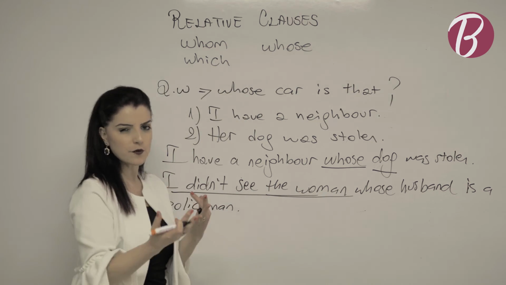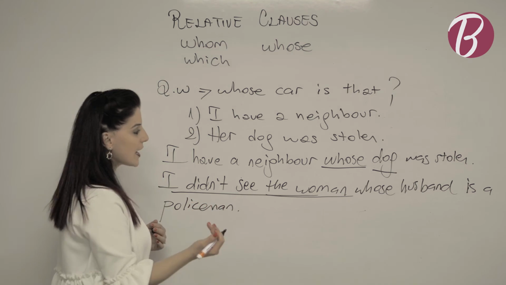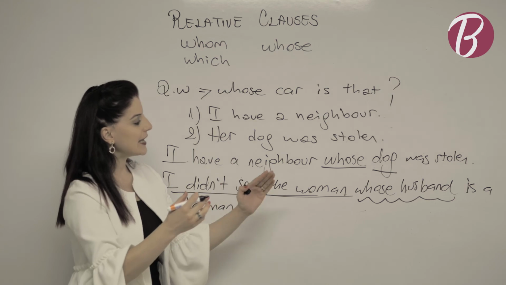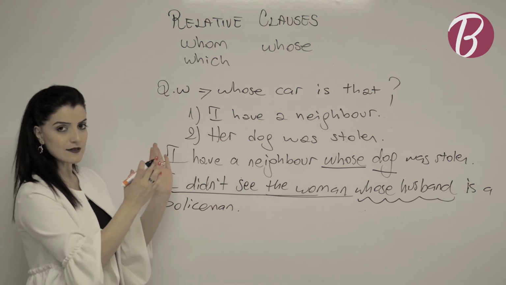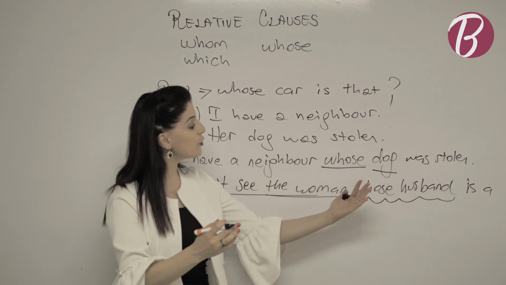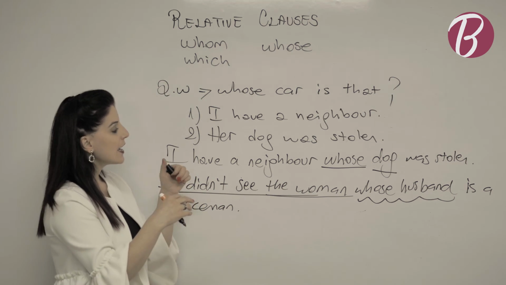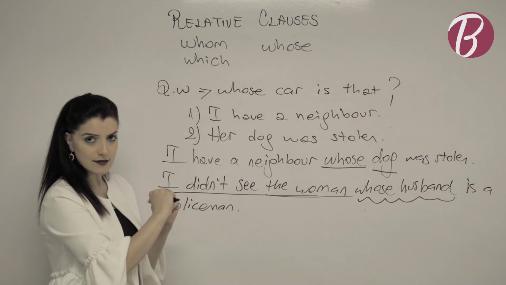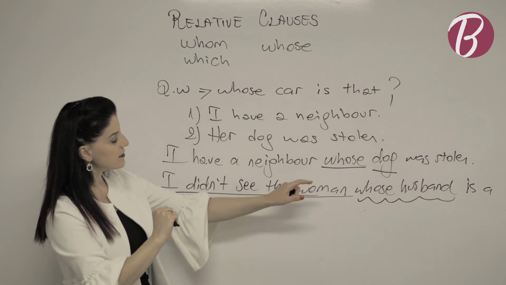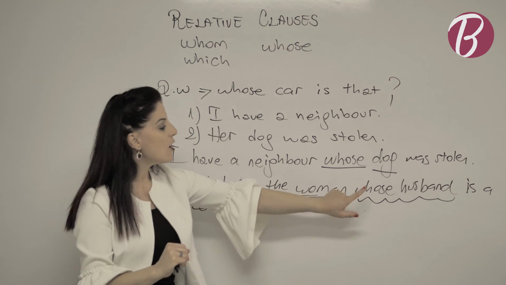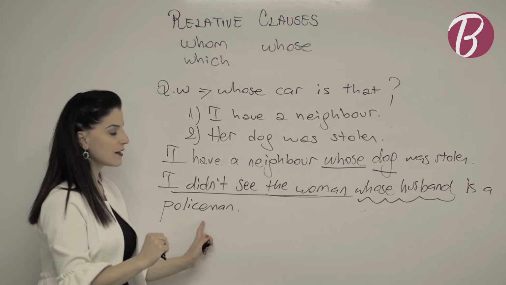I say, which woman are you talking about? You say, her husband. In the original sentence, the previous one, before combining them, as a second sentence, this sentence was like this: her husband. Her husband is a policeman.